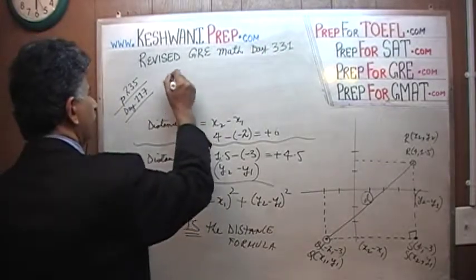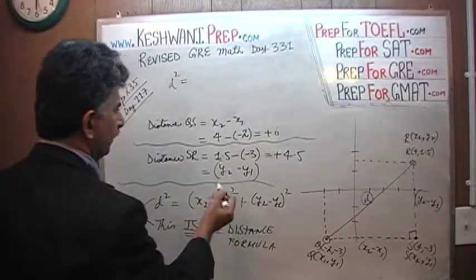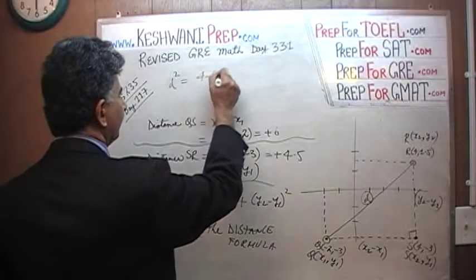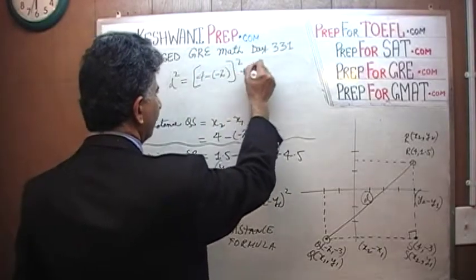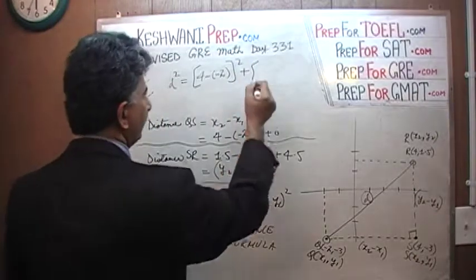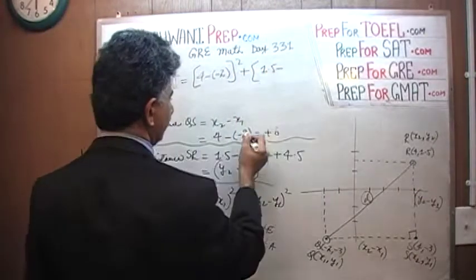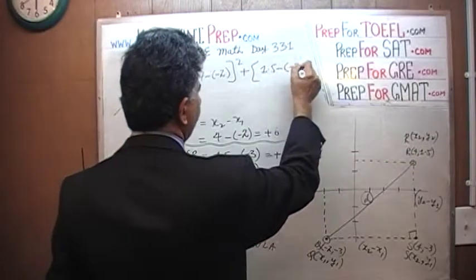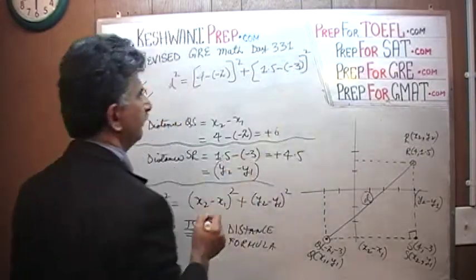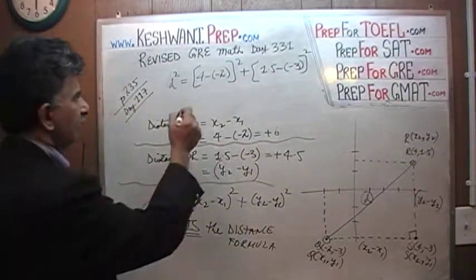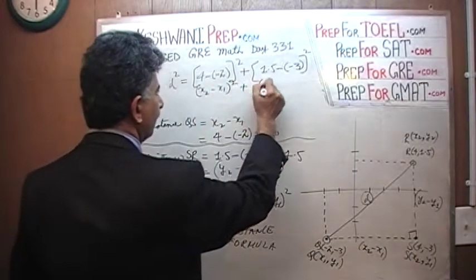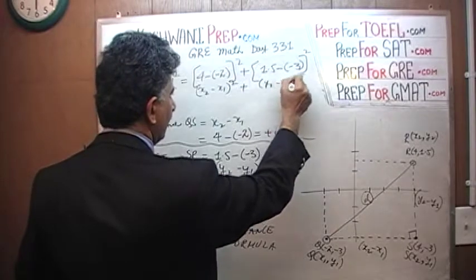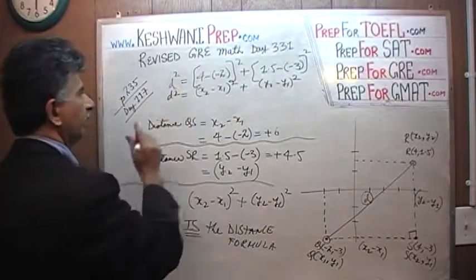So our d squared is going to be right here, 4 minus the negative 2 squared plus 1.5 minus a negative 3, again, squared. Very good. There is your x2 minus x1 squared plus y2 minus y1 squared, which is your d squared.